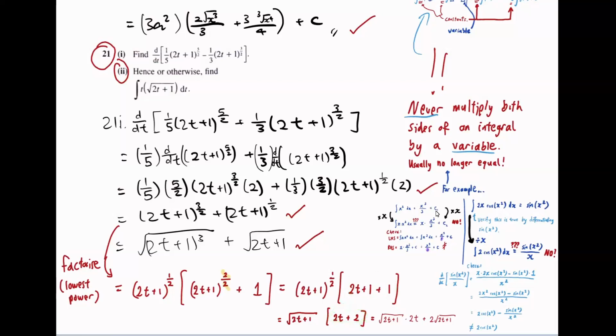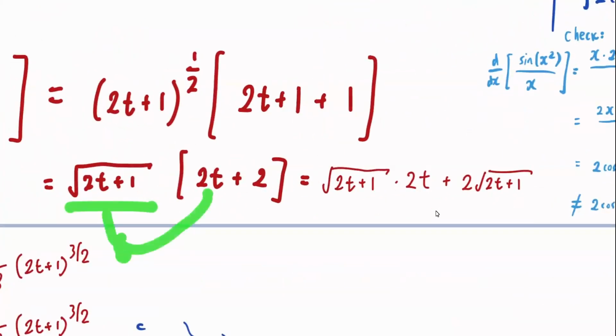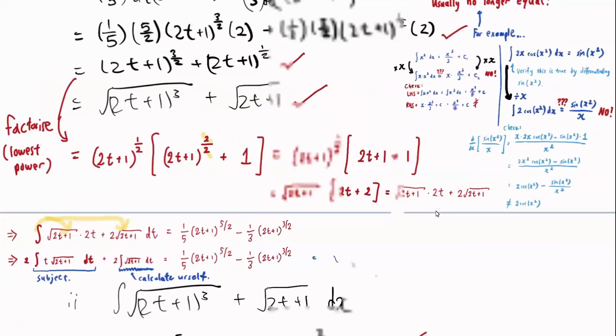Then at this stage, is it exactly the same already? Still not yet. You still need to do one more step, which is to distribute. This square root of 2t plus 1, you distribute into each of them. You end up with this expression. At this stage, you realize it is almost exactly the same as what you need already. What do we need?